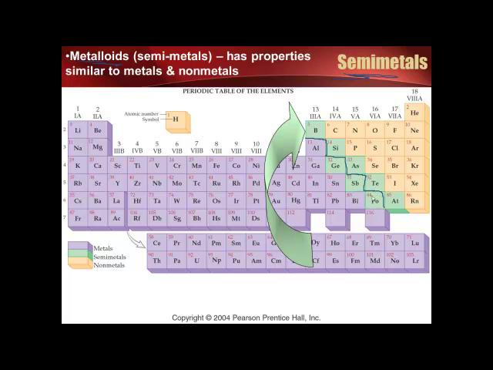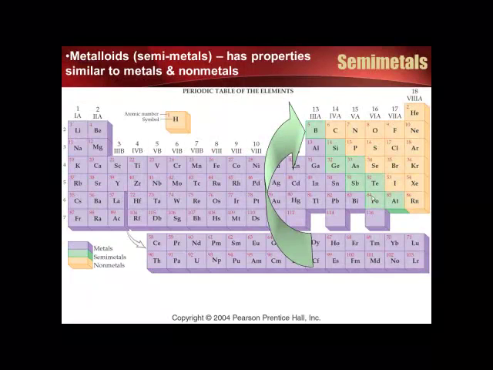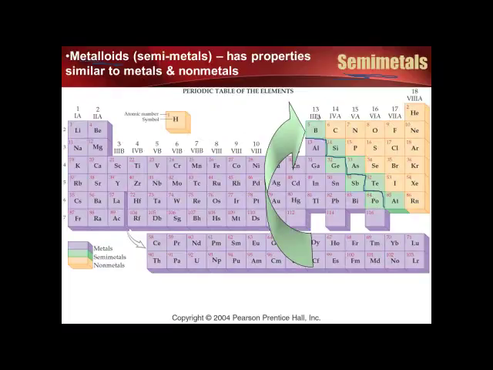And in fact, let me see. Do I have that stair step drawn in? I do not. Okay, so here's that stair step. So all these green ones are considered semi-metals, but notice there's one of them touching the stair step that is not a semi-metal. The one exception is aluminum.